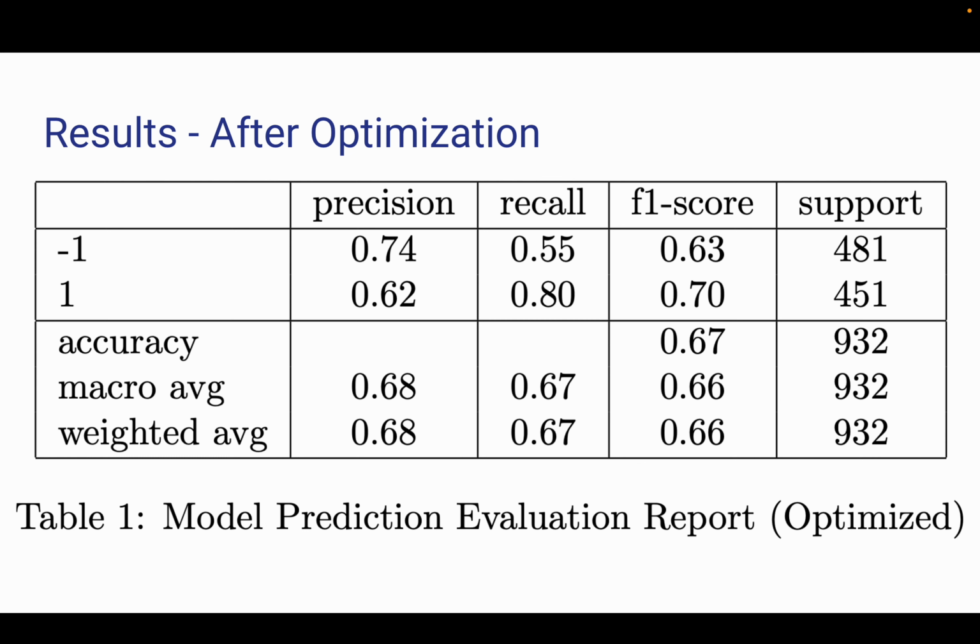So this is quite interesting. We can also see that the F1 score is more balanced, which indicates a more robust model that handles both upward and downward prediction more effectively.